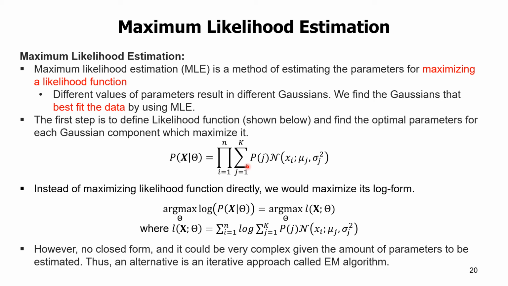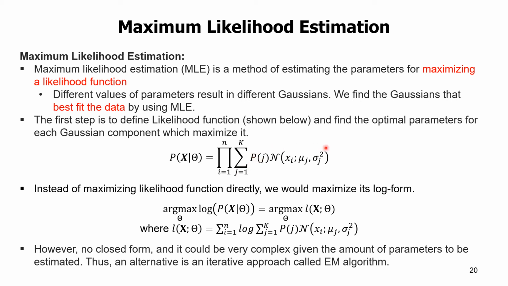So in summary, because there are n data, we have n multiplications. This means the probability of x1 is generated times the probability of x2 is generated, and so on, up to the probability that xn is generated. This one is the probability that xi is generated, regardless of Gaussian. And then we have k different Gaussians.